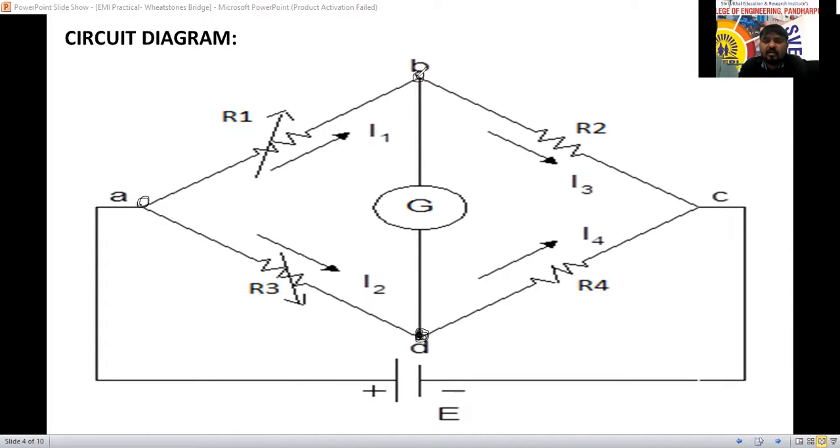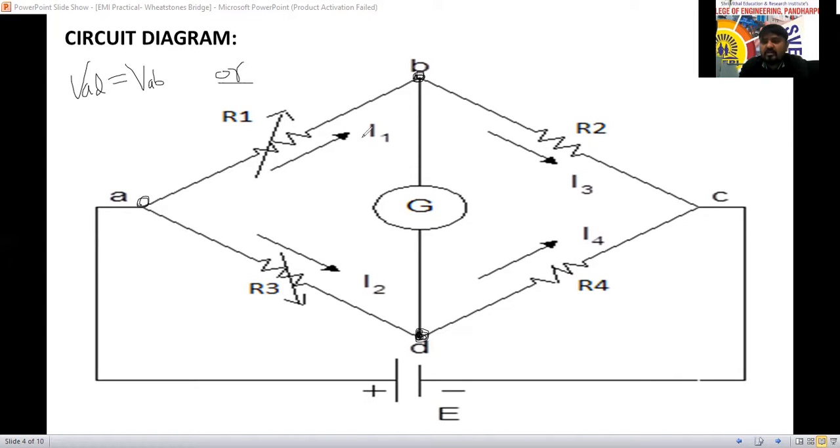The galvanometer is connected between B and D. So the bridge will be balanced if VAB equals VAD. Where are the other 2 terminals connected?